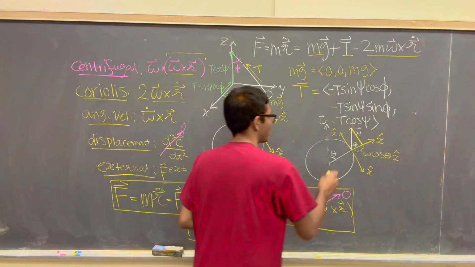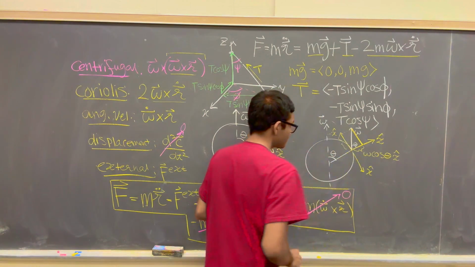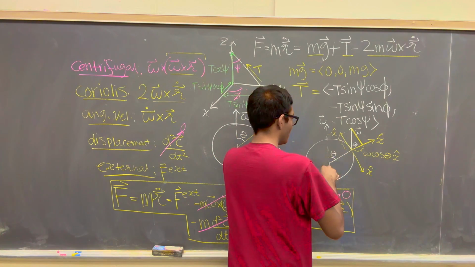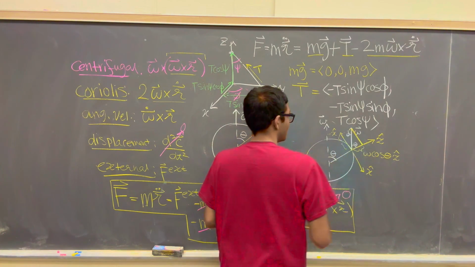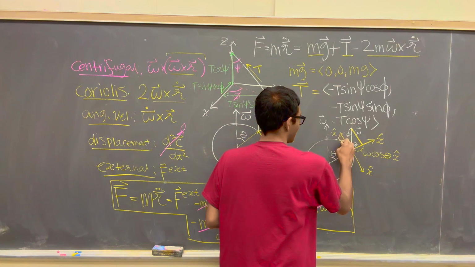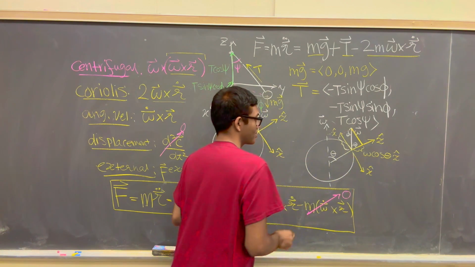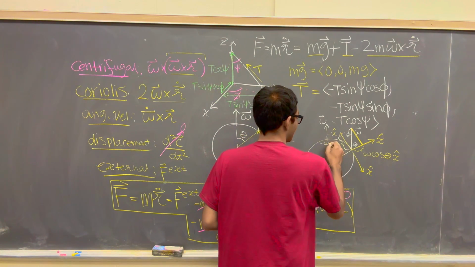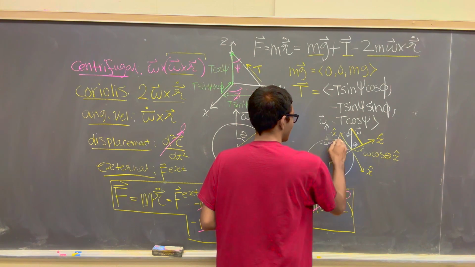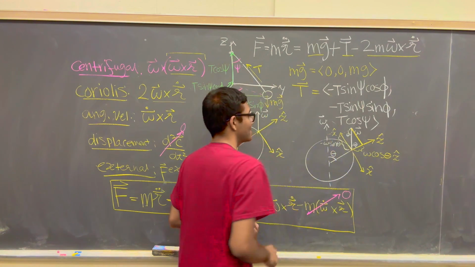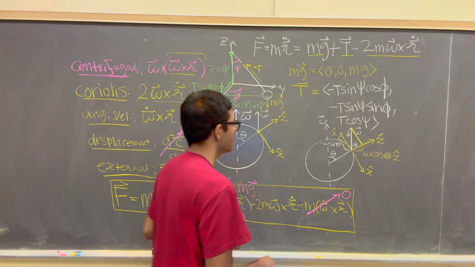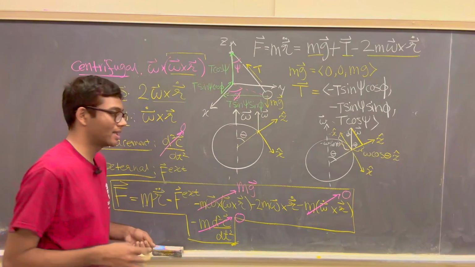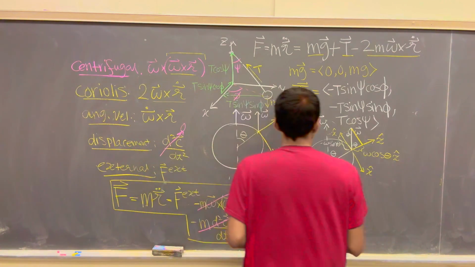And likewise, for the x hat direction, if this is theta, then what do I know? This angle is also theta. So then this component of omega in the x hat direction is going to be minus omega sine theta. Why minus? Because I'm in the minus x hat direction. So very good. Now I've determined the components of omega in my Cartesian coordinate system.